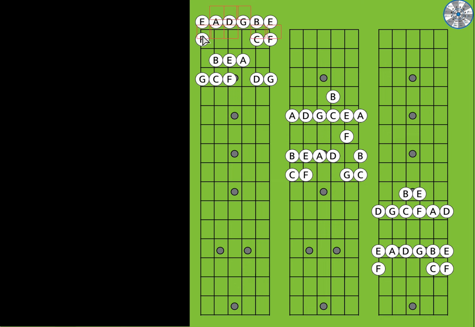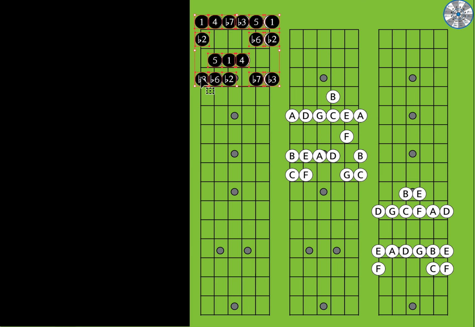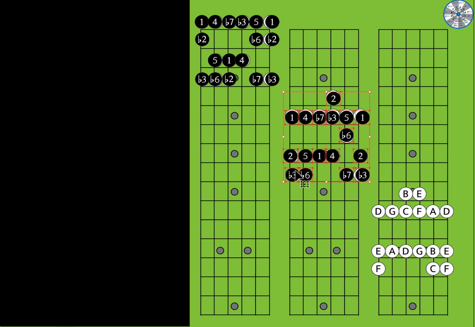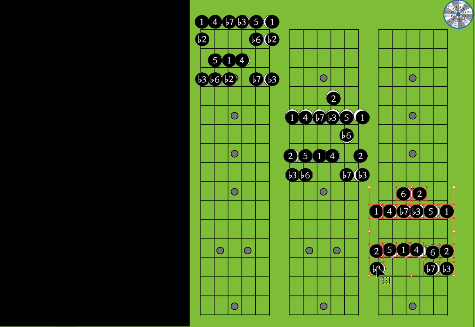So if I bring in the scale degrees, if this were a mode, E would be the 1, and then A would be the 1, and then D would be the 1. So if we turn them into modes, we see that 1, flat 2, flat 3, 4, 5, flat 6, flat 7, 1, so on and so forth.